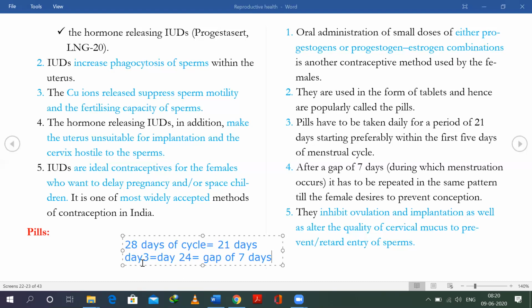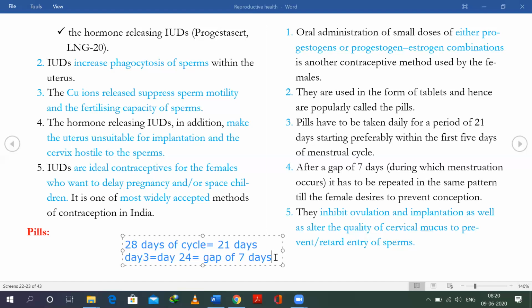This lady takes the pill on day 3 and continuously takes it until day 24, and she leaves a gap of 7 days. In these 7 days, the menstruation will happen. Days 25, 26, 27, and 28 will come, the endometrial lining breaks down, and there will be menstruation again. She will not be taking pills for these 7 days.